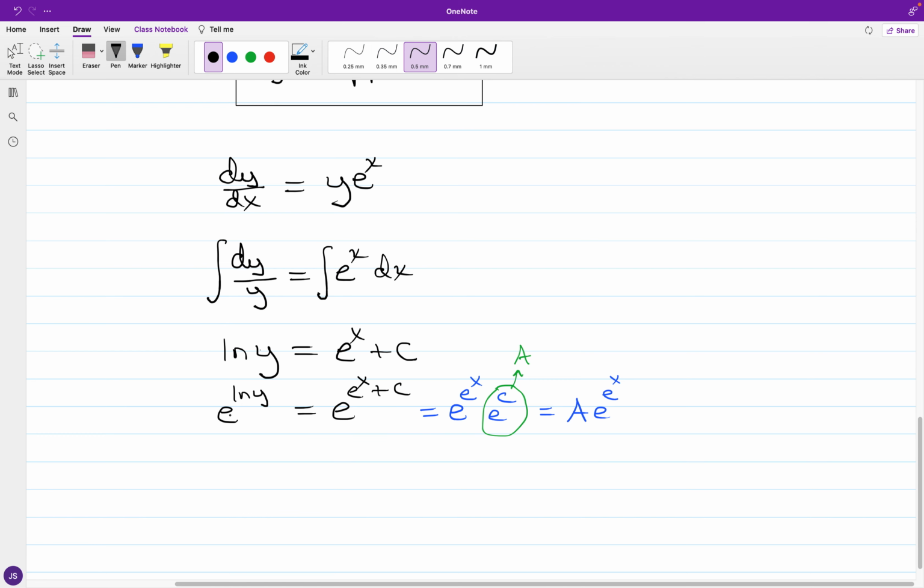So e to the natural logarithm of y goes to y, and that is equal to a times e raised to the e to the x. Make that y is equal to a times e raised to the e to the x degree.